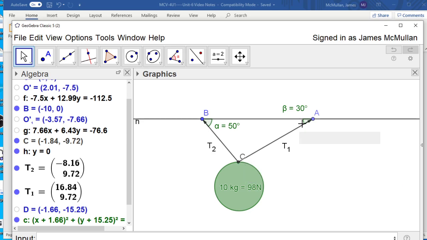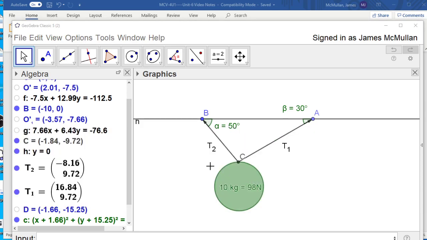And the tension is a force that the rope is pulling the object up and to the right with however many newtons. This tension is pulling the object up and to the left with however many newtons. So this is what your question is, and what you need to do is solve for T1 and T2. How much tension is in this cord, how much tension is in that cord.